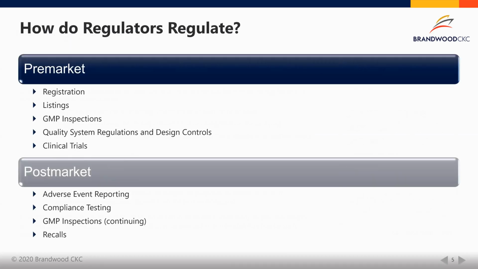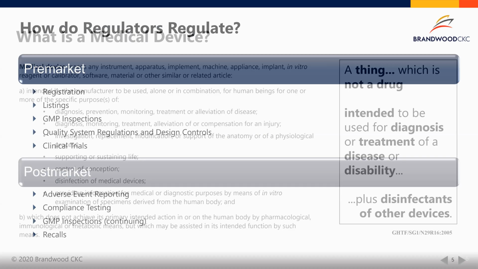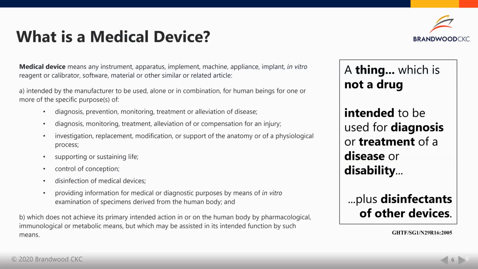So the first thing is a quick definition of what is a medical device. This is really important because for something to be a medical device, it's all about that intended purpose. And I'll use the words intended purpose quite a lot during this presentation because it's absolutely vital, and it really dictates the work that's required and the classification and everything that would be required to get your device onto market.